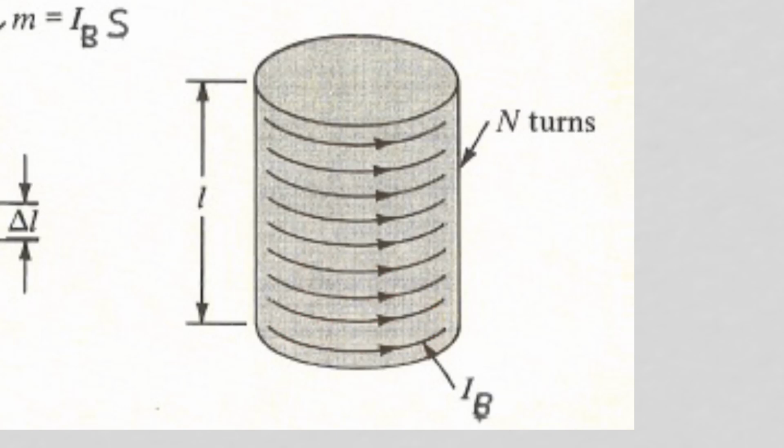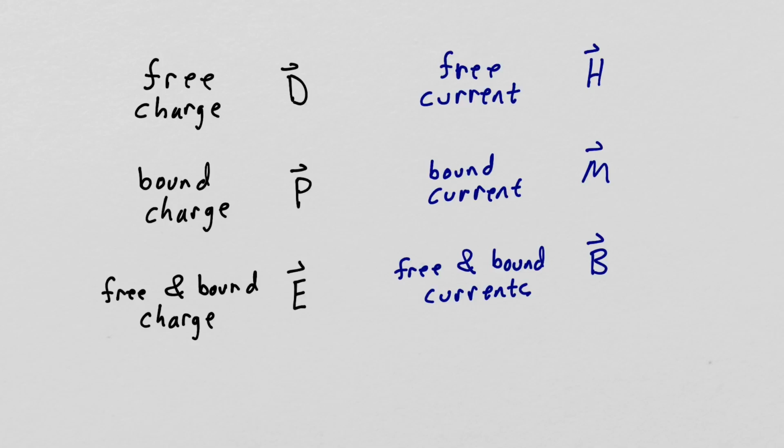When we were looking at electric fields, we saw that free charge generated electric flux density fields. In materials, we had bound charges in the form of those electric dipoles. They led to the polarization field, and we treated the electric field intensity as coming from both free and bound charges. We're going to do something similar with magnetic fields. We're going to treat the magnetic field intensity as coming from free currents.